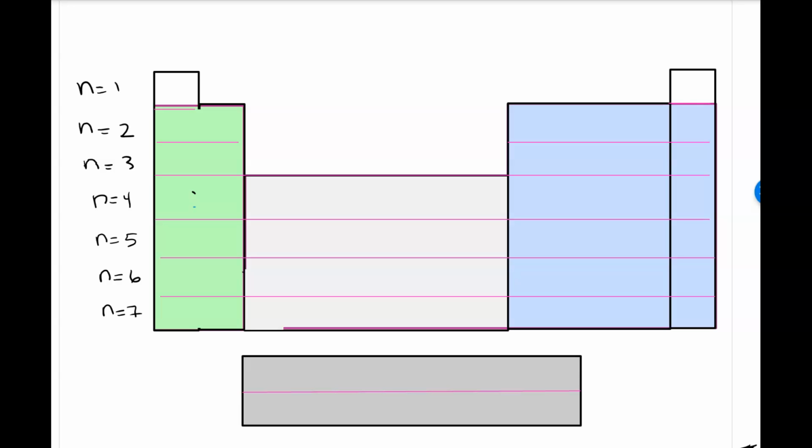And there are different blocks on the periodic table. S orbitals get filled in this green block, also included up here. P orbitals are filled in this blue block. D orbitals are filled in where the transition metals are. And then down here is the F block.